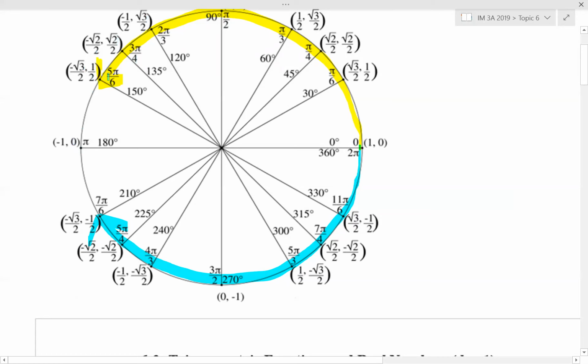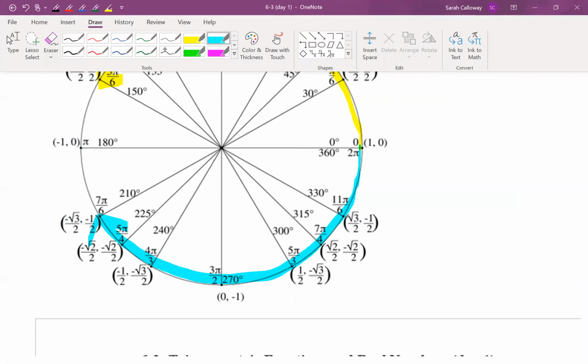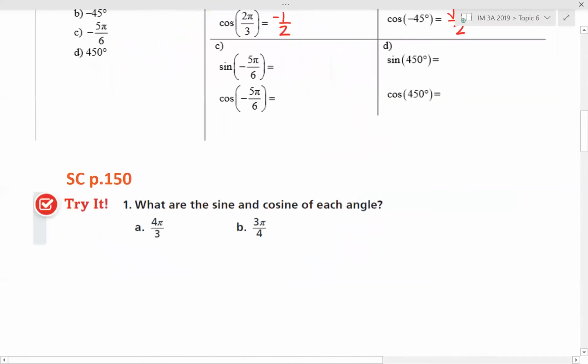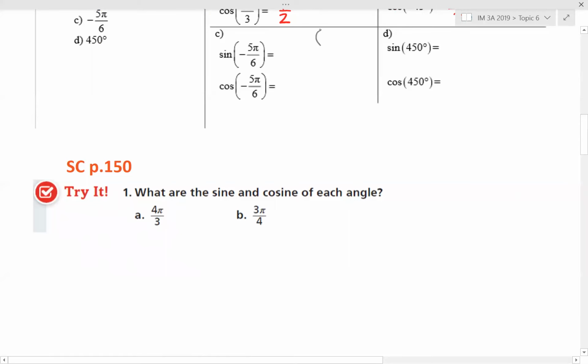Then we're going to use the reflection of that, which is the point negative root 3 over 2, comma, negative 1/2. So this point is going to be at negative root 3 over 2, comma, negative 1/2. Since you have the unit circle, it's easier to work with degrees than radians because all the radians are fractions.